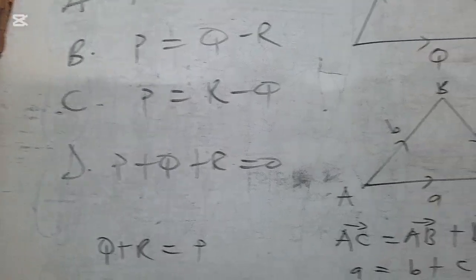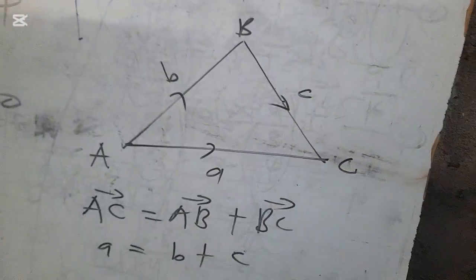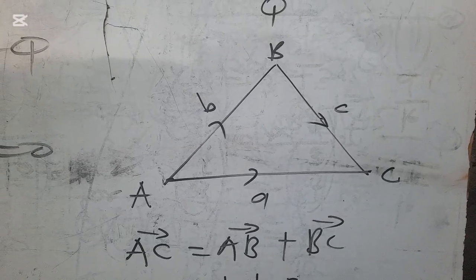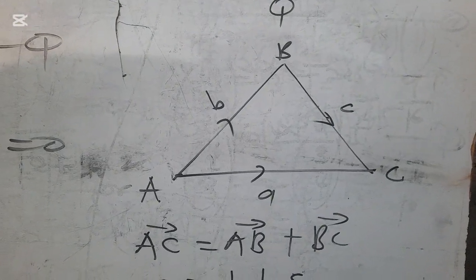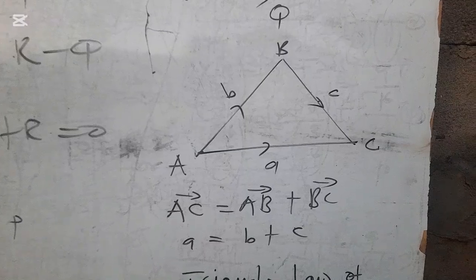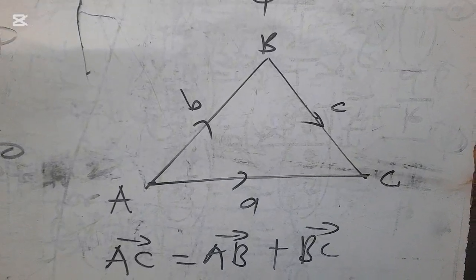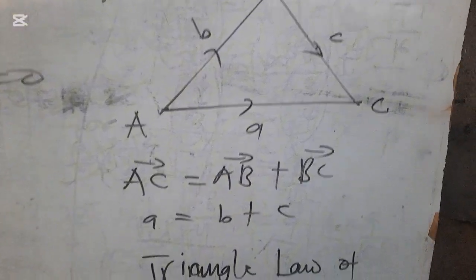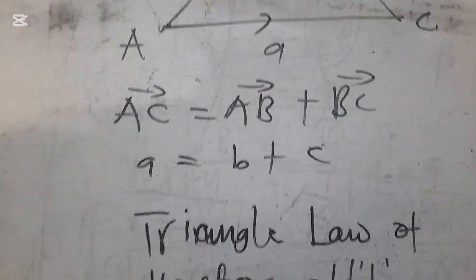Before we answer this, let's look at what we learned in school. This is vector addition, or the triangle law of vector addition. What does the triangle law of vector addition say?